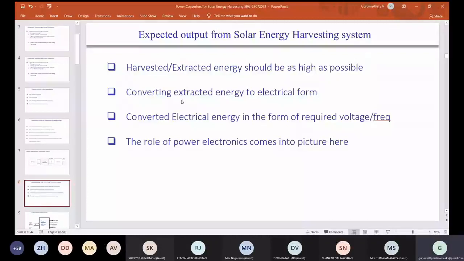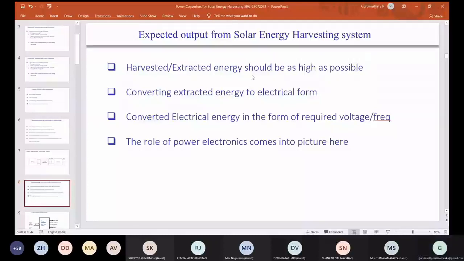The third one is that the electrical energy has to be in the form of the required voltage and frequency. Whatever voltage you want, whether 230 volt AC, 230 volt 50 hertz, or 110 volt 60 hertz, or 24 volt DC, 48 volt, whatever is required, it has to be converted to the required form. That is the third expectation from the energy harvesting system. And this is what is expected from the energy harvesting system.